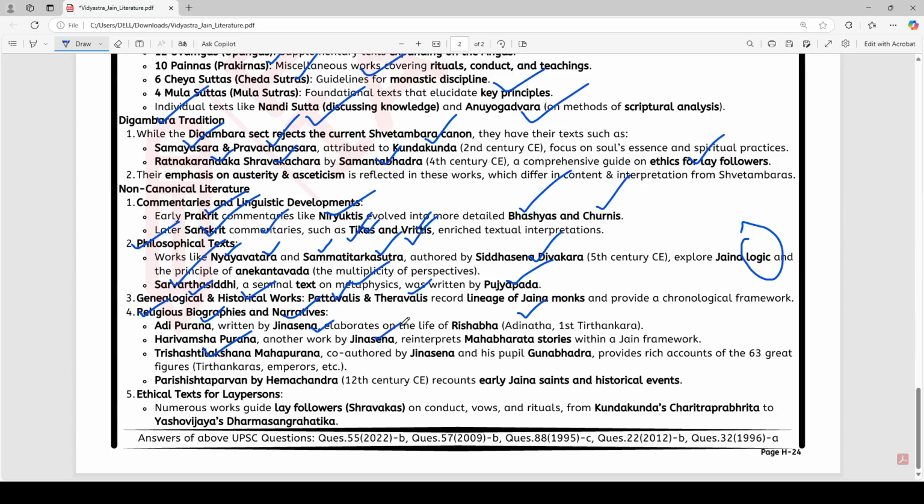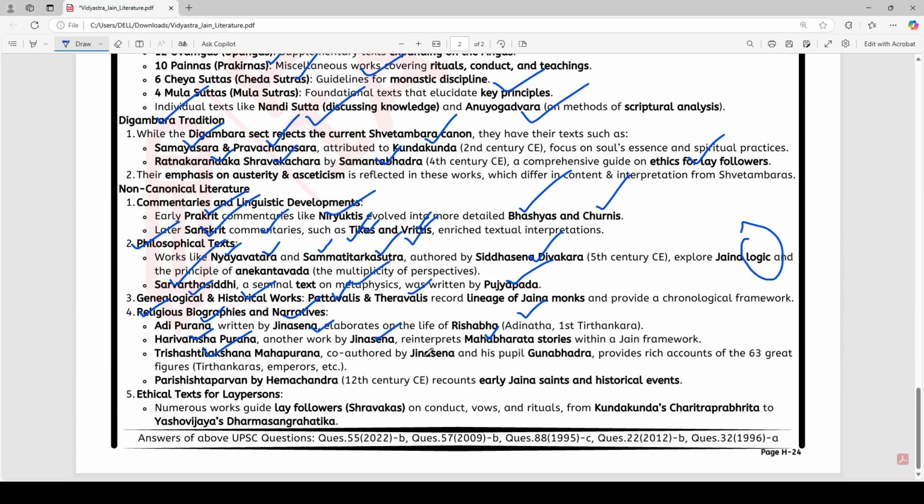Now Jinasena wrote another work on Mahabharata, but this Mahabharata is from Jain perspective. It is based on Harivamsha, it is known as Harivamsha Puran, and it is based on Neminath, the 22nd Tirthankar. And Neminath is said to be from the genealogy of Lord Krishna only. And this text has Balram, Krishna all mentioned, but from the Jain perspective.